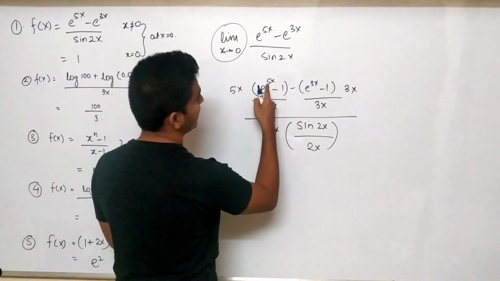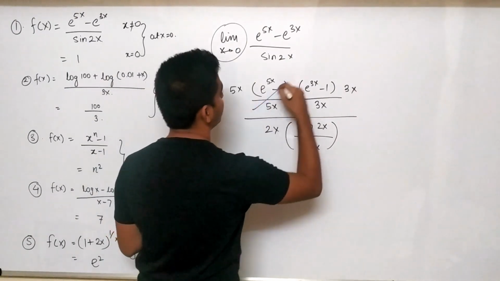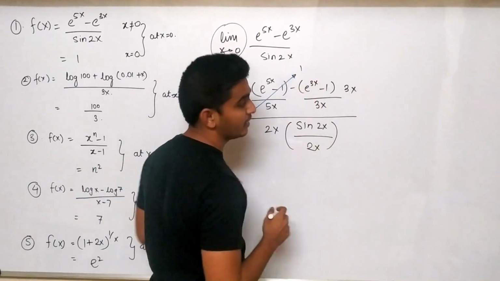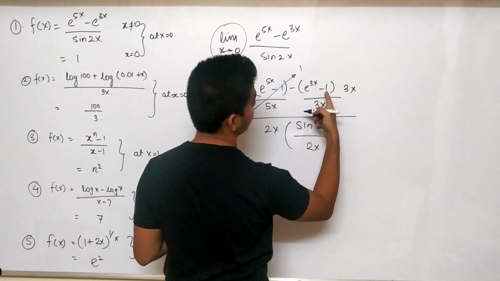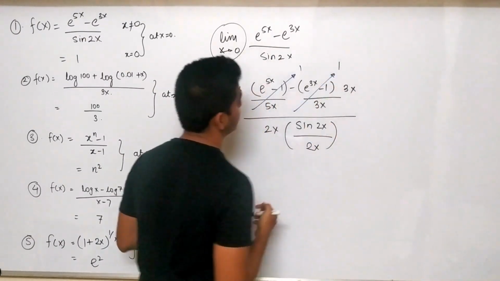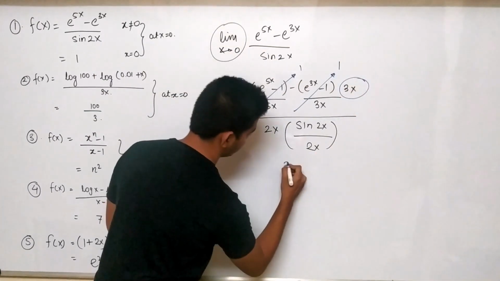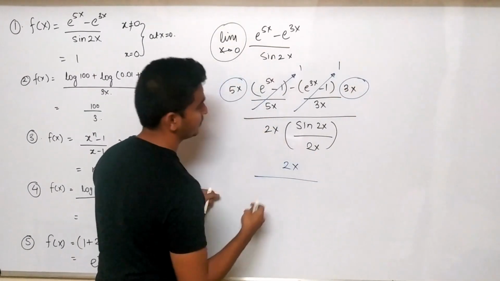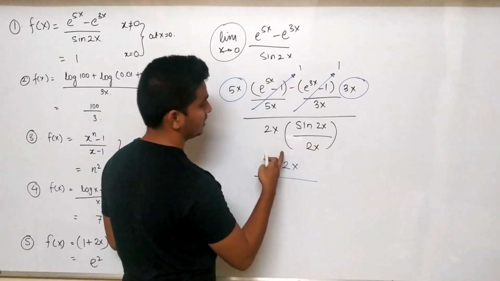So e raised to 5x minus 1 upon 5x, this whole term will become 1. Why? Because it's in the formula. You can check the slide. Also, e raised to 3x minus 1 upon 3x, this whole thing will become 1. So now what we have is 5x minus 3x, which is 2x, upon sine 2x upon 2x.